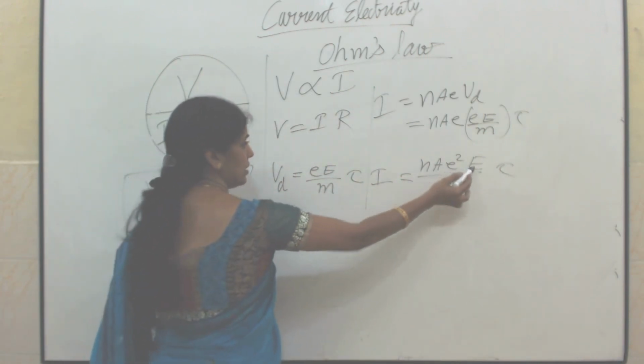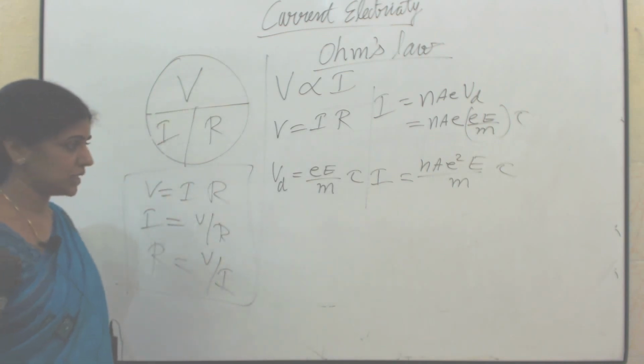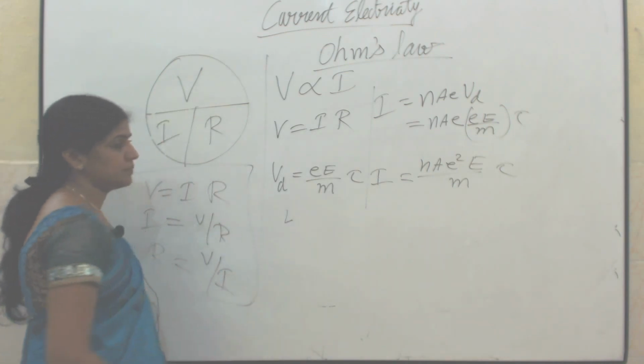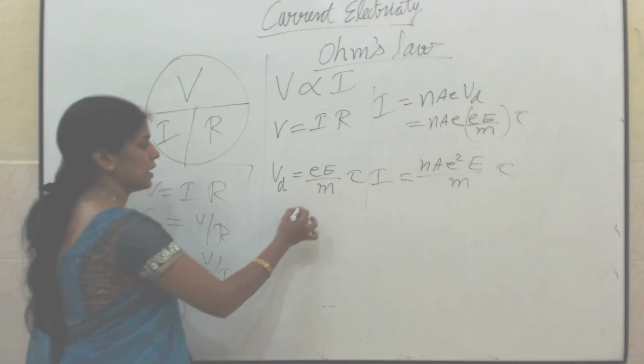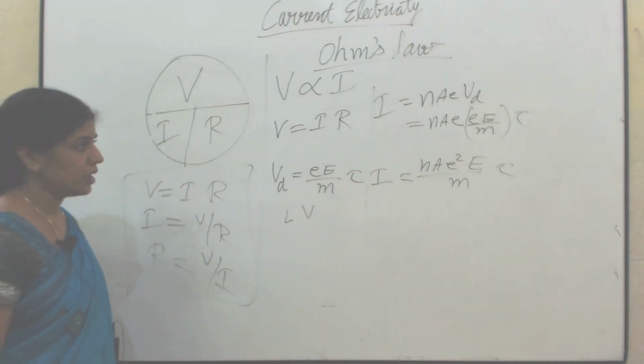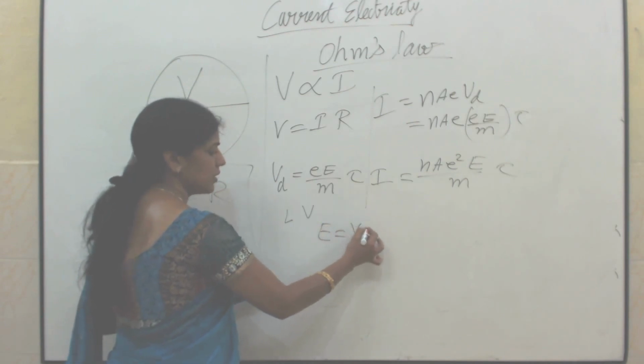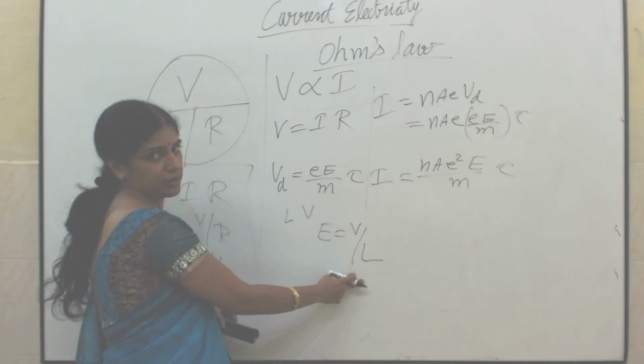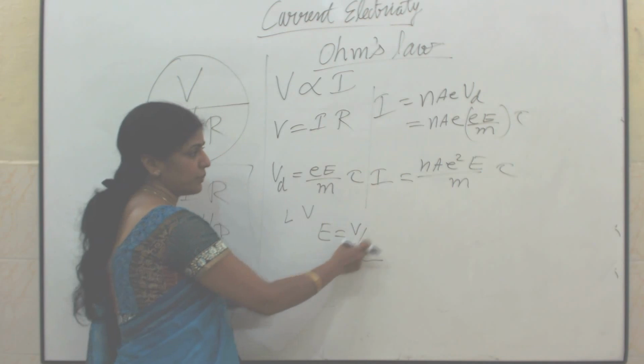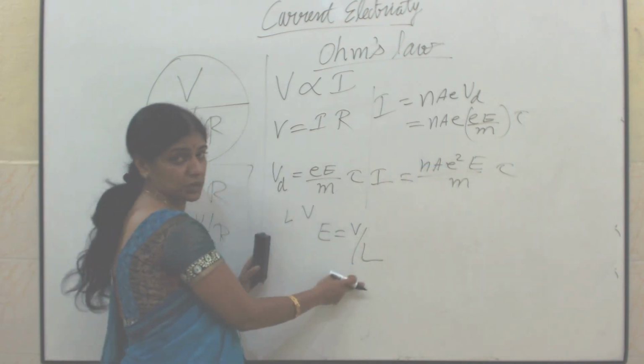What is E? Electric field intensity. Let L be the length of the conductor and V be the potential difference. E is given as V by L, the potential gradient. So in the place of E, I substitute this.